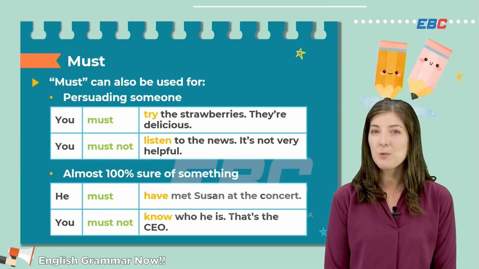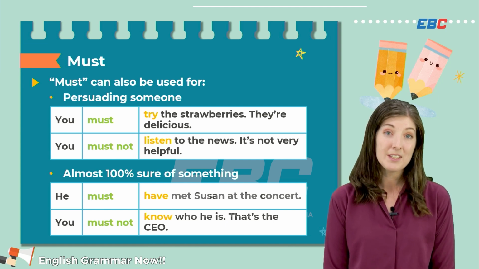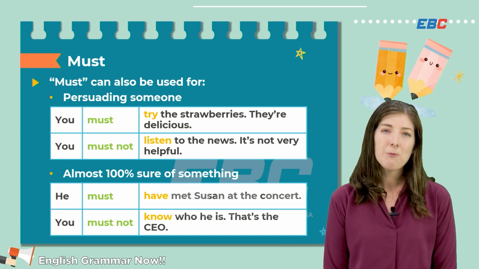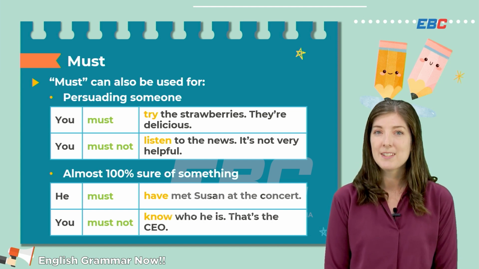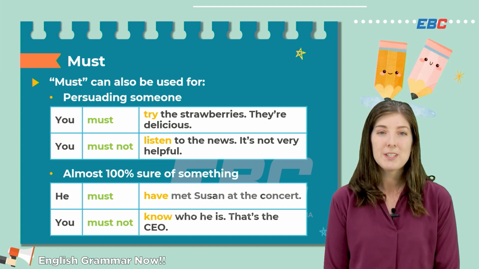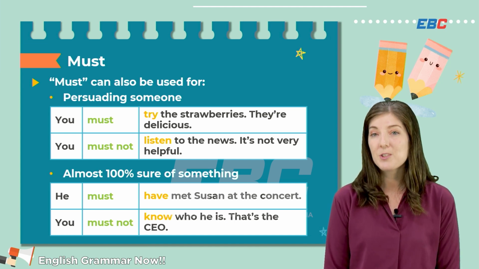Must can also have two other meanings besides things we need to do. The second meaning is if we're trying to persuade someone, which means we want them to do something. We want them to agree with us. Some example sentences are, you must try the strawberries.